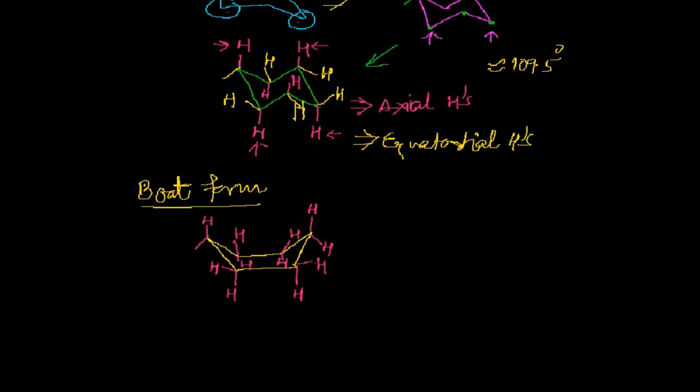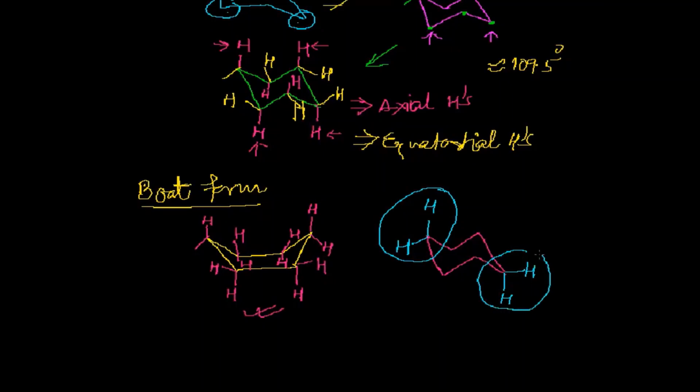So let us compare the stability of these two forms. If you compare this boat form with its counterpart, the chair form, we observe that in this case these two hydrogens and these two hydrogens, the same hydrogen is present here and here.